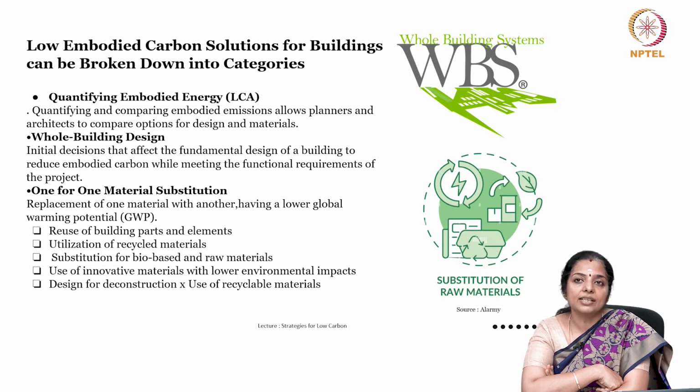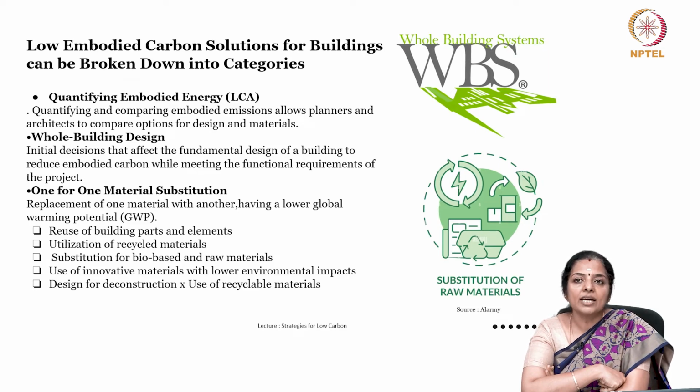Whole building design is a very important aspect: initial decisions that affect the fundamental design of a building to reduce embodied carbon while meeting the functional requirements of the project. One for one material substitution: the basic principle is replacement of one material with another having a lower global warming potential.